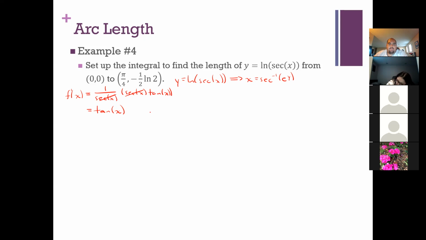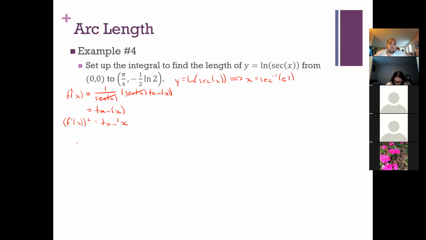All right. So definitely a good piece of evidence there. Now what? Square it. Right. So from there we have squaring this, tangent squared.